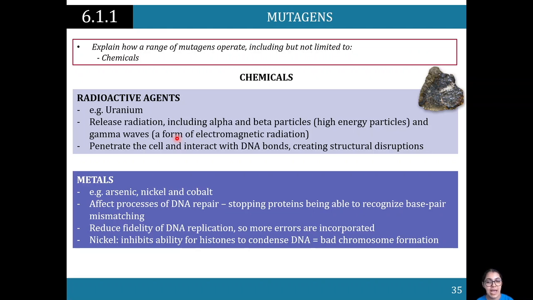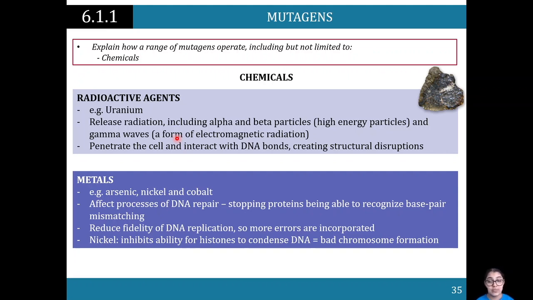But if that repair system is affected, which is the case with metals, they can stop proteins from being able to recognize base pair mismatching. So any incorrect base pair matching isn't detected, and as a result, that mutation goes unnoticed. It reduces the fidelity of the DNA replication, so more errors occur.